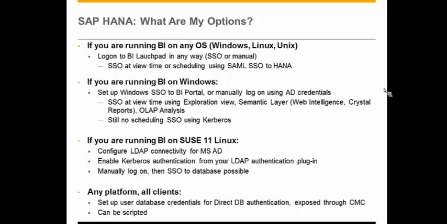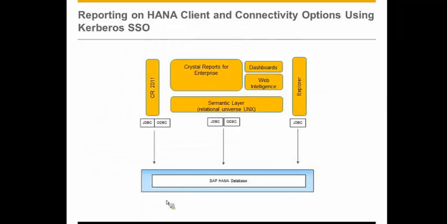Okay. So reporting on HANA client and connectivity options using Kerberos. This document here shows the HANA database, and we connect to it through Java and ODBC. All these applications, Crystal 2011, Crystal Reports for Enterprise, Dashboards, Web Intelligence, Explorer, anything based off of the UNX can connect to HANA with SSO Kerberos.